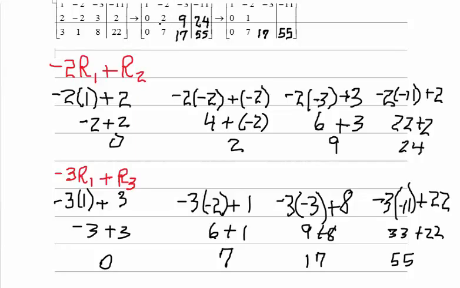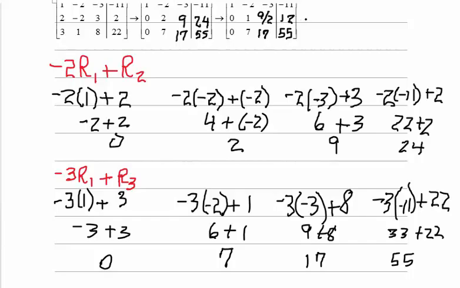And notice this 1 in column 2 was obtained by dividing this element by 2. So every element in this row is divided by 2. So I get a 9/2. And I get a 24 divided by 2, which is 12.